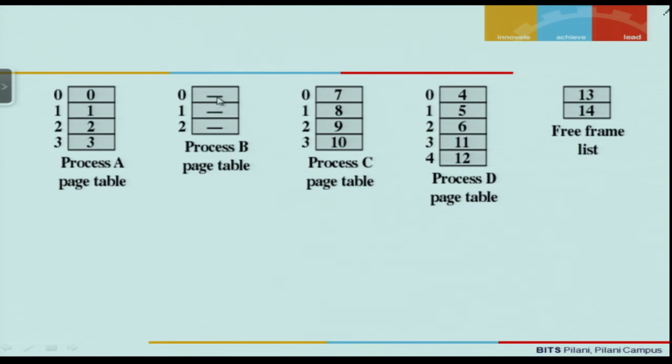Probably the value which is here contains the information about the hard disk address where the process has been swapped out. It currently does not contain the physical memory address, and we would have a list of free frames. So the system would need to maintain a data structure containing the page tables and the list of free frames.